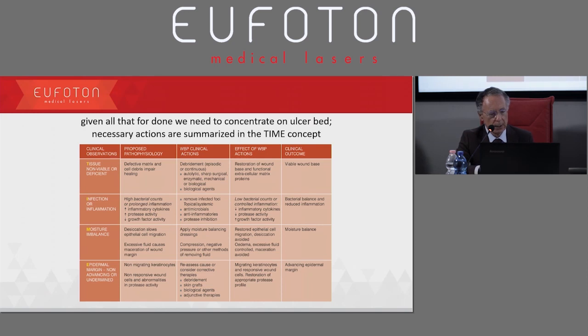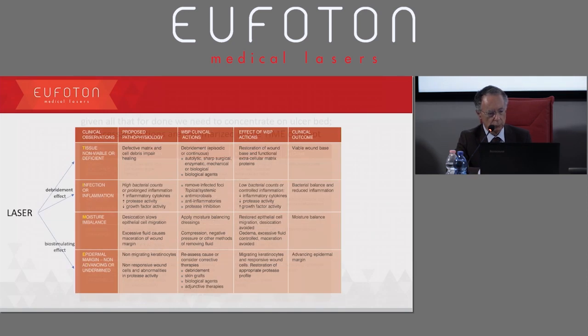And for each letter, you have to perform an activity. For example, debridement, remove infected tissues, apply moisture balancing dressings, etc. But for example, you should protect the margins and converge them towards the center of the ulcer.